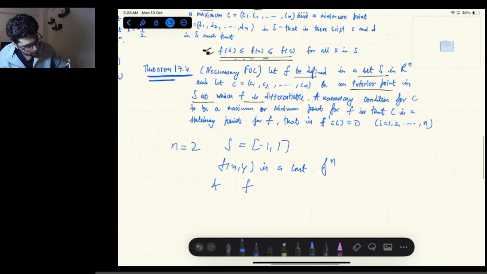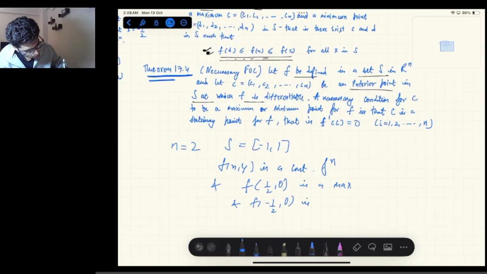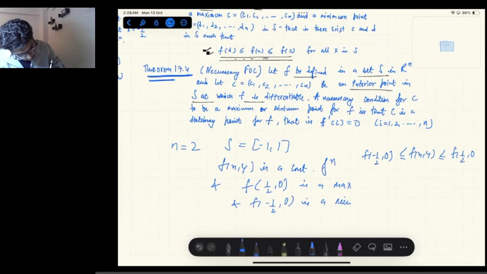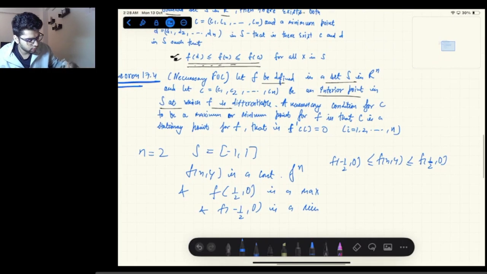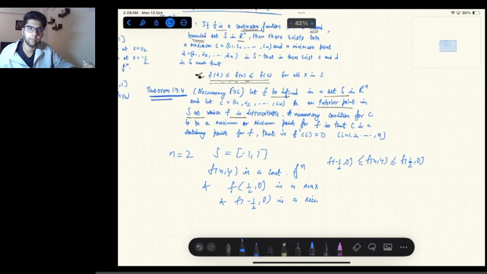So f of half comma 0 is a max, and f of minus half comma 0 is a min. Then I would say f of x comma y always lies between f of minus half comma 0 and f of half comma 0, right? So basically it will be a two-dimensional function when we say R square, right?